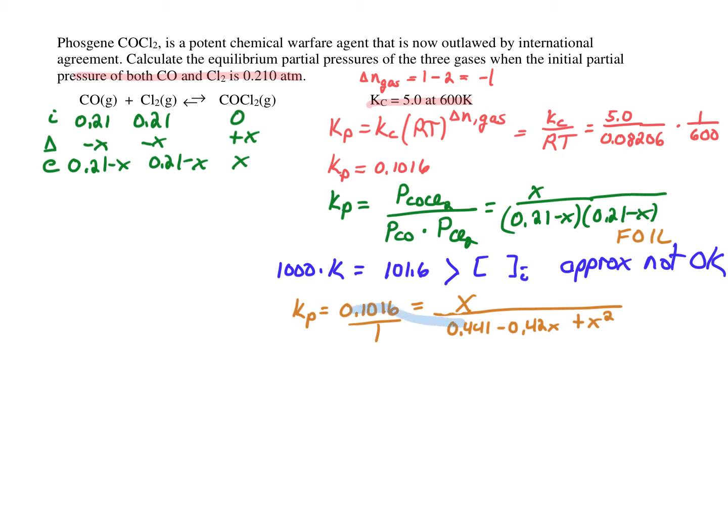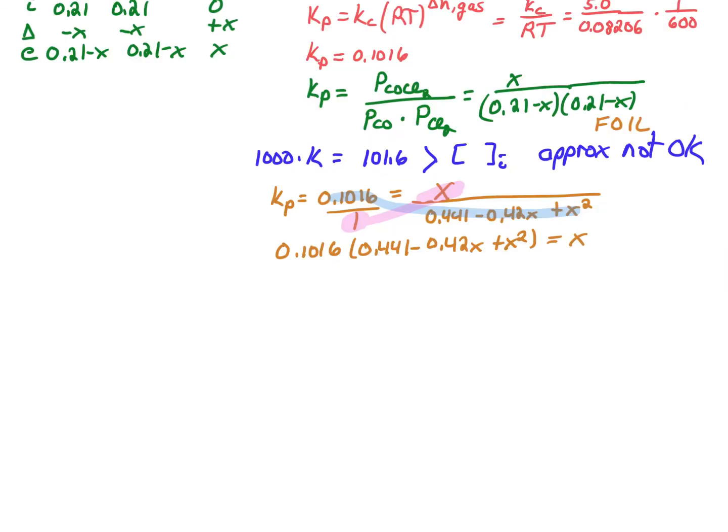So this number times the denominator is going to be equal to 1 multiplied by x. Next, we're going to use the distributive property to multiply all of the terms inside the parentheses by this value out front.